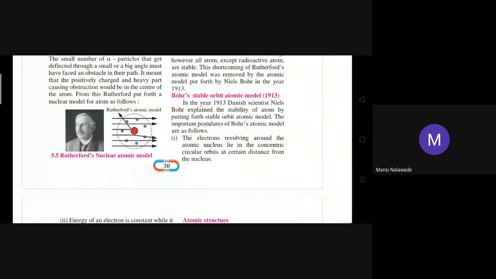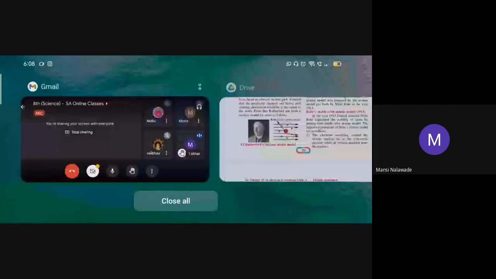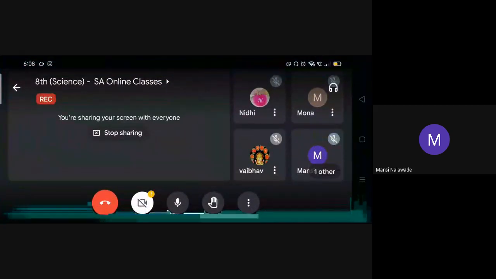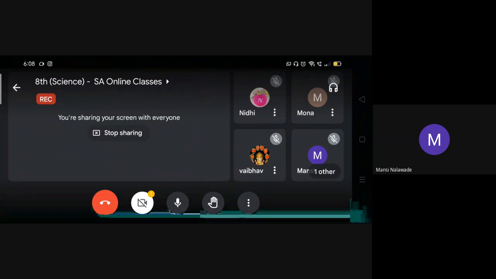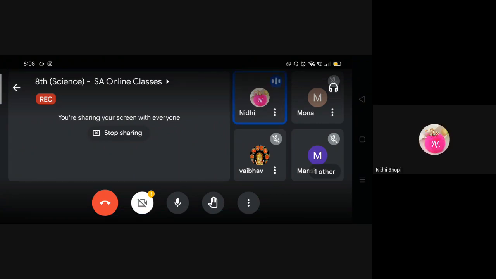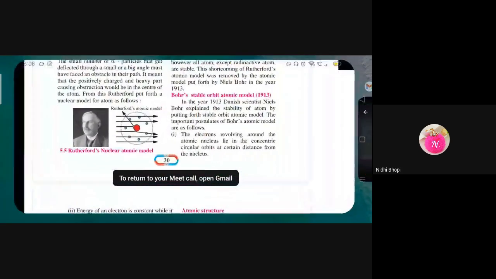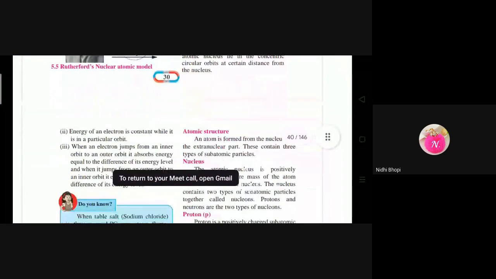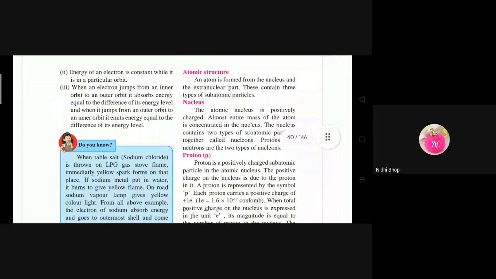Okay, what were the important postulates of Bohr's atomic model of atom? Yes, Nidhi. Yes, ma'am. The electrons revolving around the atomic nucleus lie in concentric circular orbits at certain distances from the nucleus.